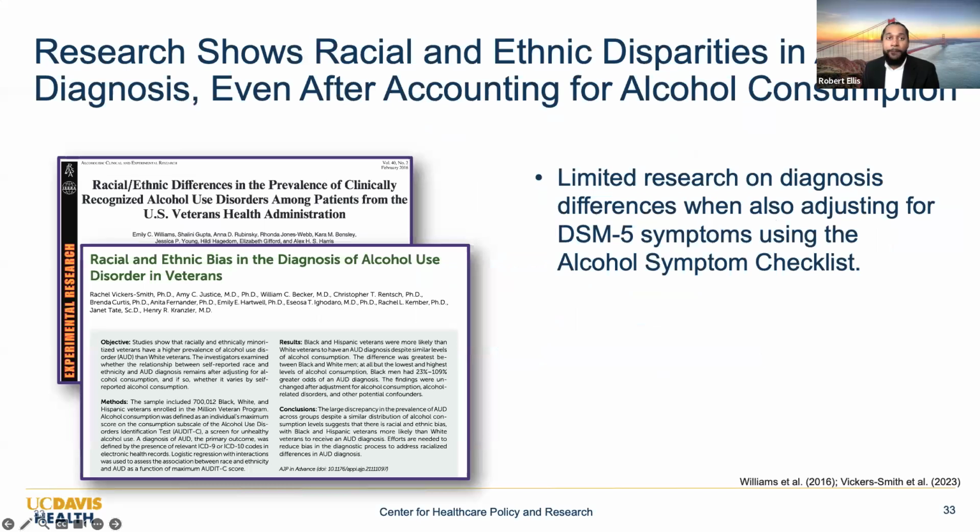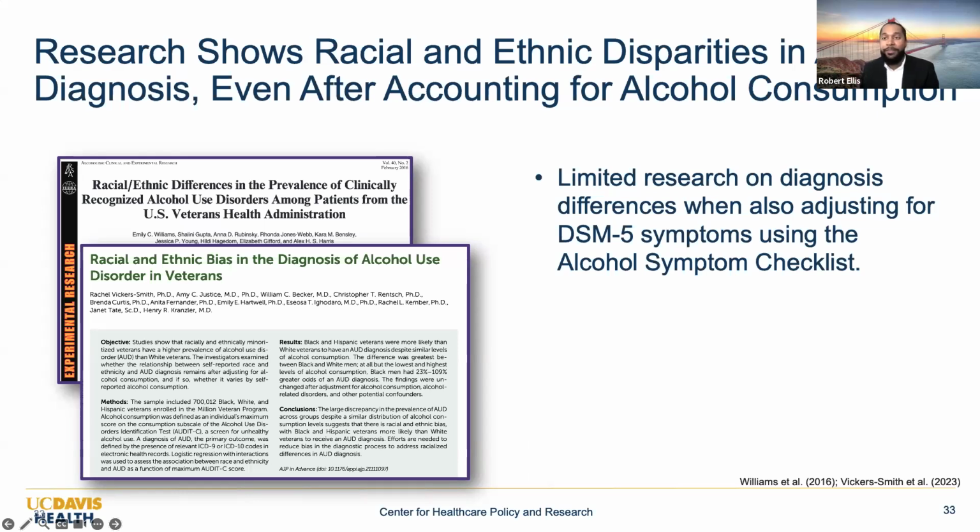And so again, like what I just mentioned before, in terms of the disparities or the differences existing even after you make adjustment for the alcohol consumption. Previous studies show differences in provider documented AUD in EHRs based on the intersectional identities, even after adjustment for alcohol consumption through the AUDIT-C screening.